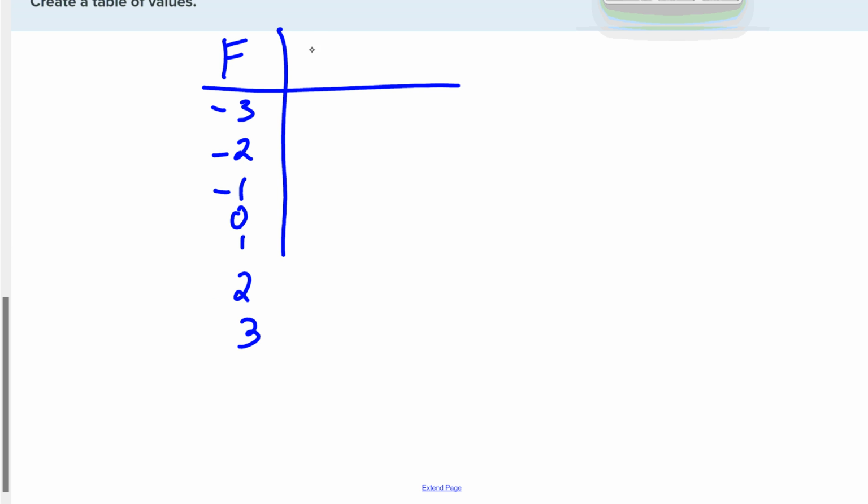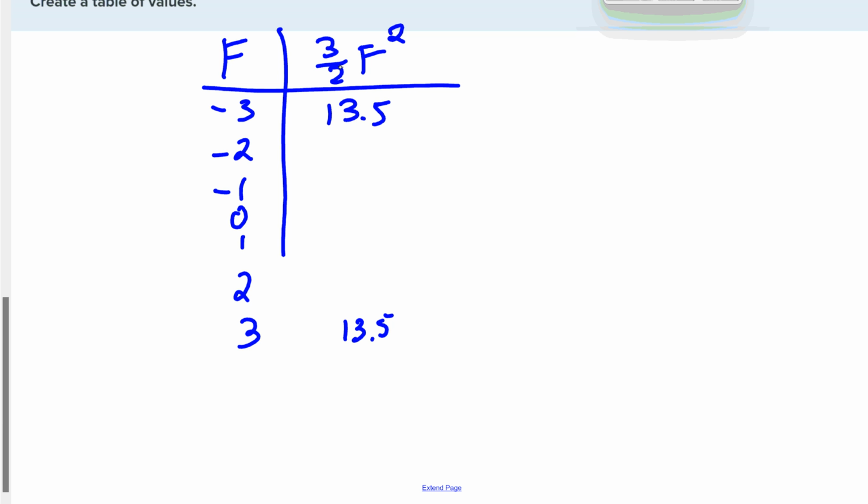What I'm going to do is just plug those into the equation. So 3 halves times that flow rate after we square it. We're going to square that flow rate first. So 3 times 3 is 9, and then 9 times 3 halves is 13.5. Then this one would also be 13.5, because when I square a negative, it just goes away.